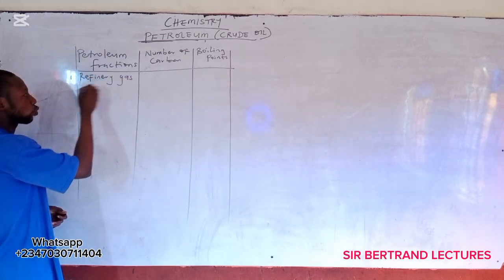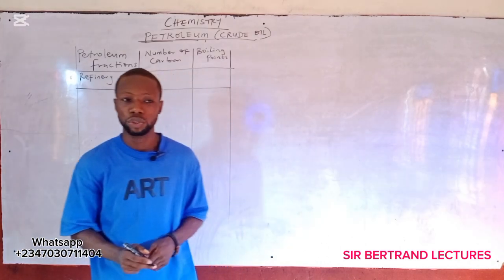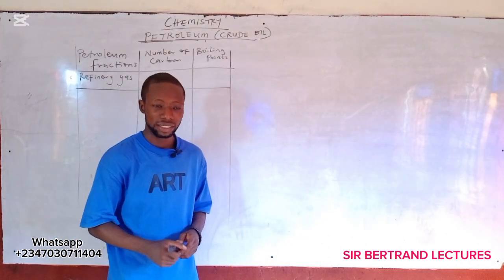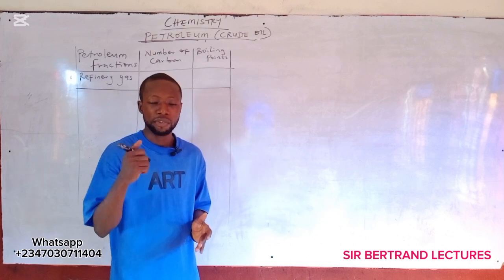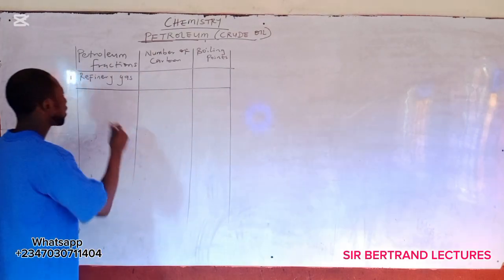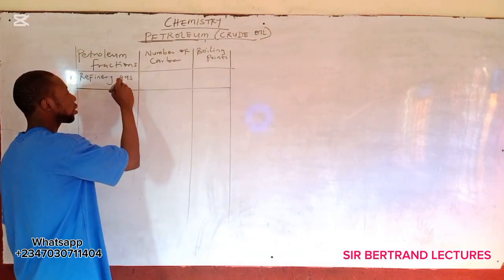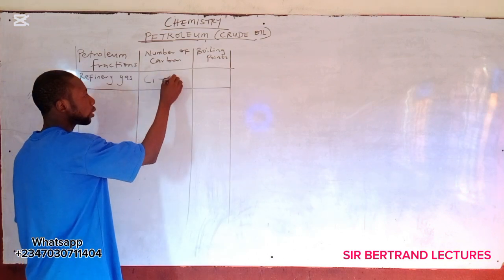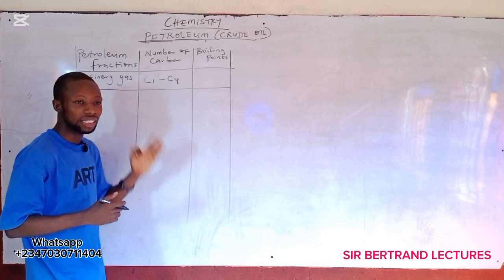This is the first gas to be produced during the fractional distillation of petroleum, which is a separation technique used to separate different petroleum fractions. The refinery gas is the hydrocarbon that contains carbon atom 1 to carbon atom 4 that mix together to form the refinery gas.